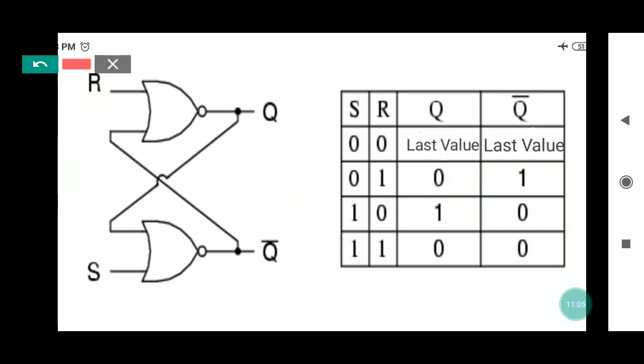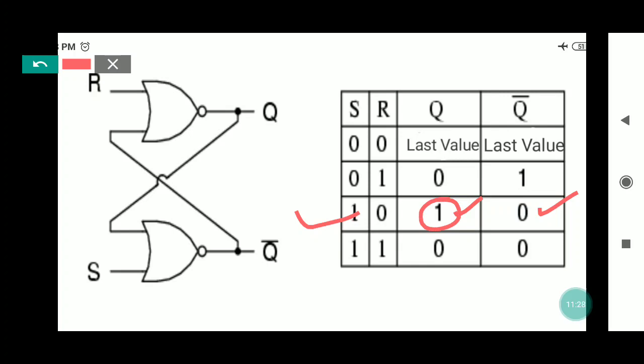Now the third condition. In this condition R is 0, S is 1, so it gave Q bar as 0 and Q as 1. This condition is also known as the set condition because Q is set to 1 here.